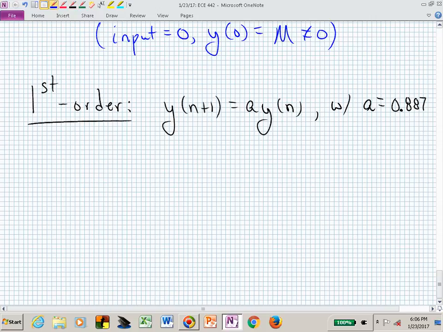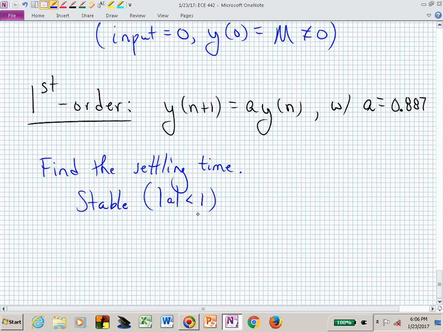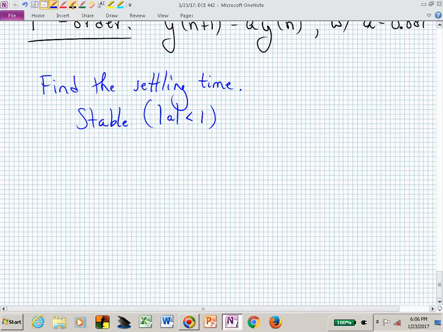For this system, let's find the settling time. You told me that it's stable since the magnitude of A is less than 1. And if you wanted to go home and sketch this on a napkin for your roommate, what would you draw? Because I know you want to just go home and show this off.